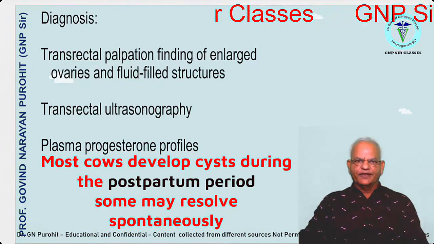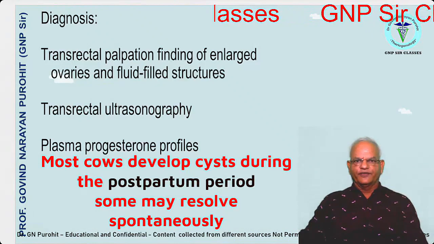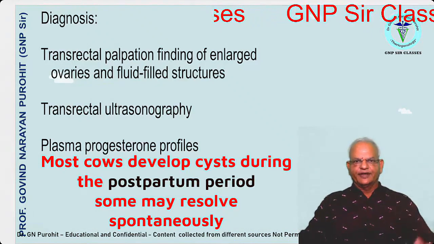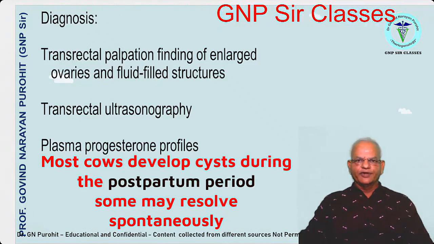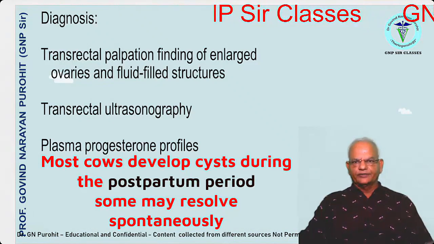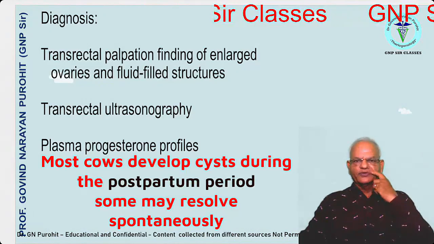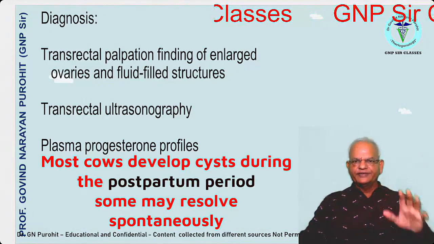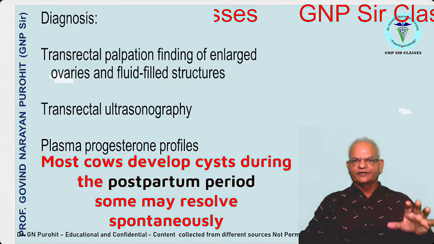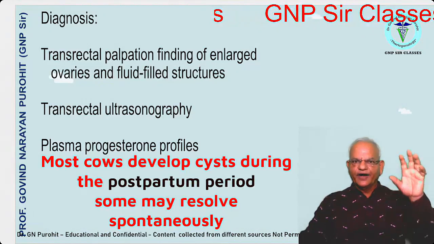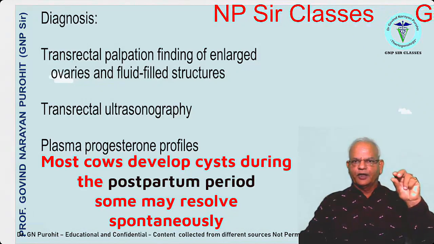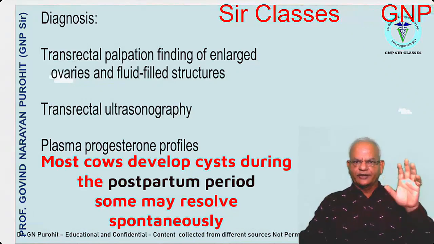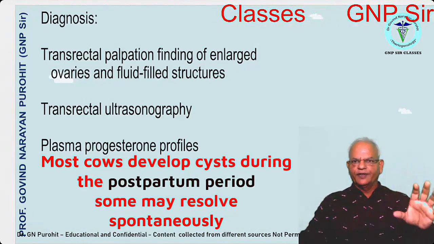But if you have facility for transrectal ultrasonography, you can visualize the cyst, and you can know their diameter and all. Then plasma progesterone profiles can also help you, but under most field conditions, ovarian cysts are diagnosed by transrectal palpation. If you find that one of the ovaries is so big and the other one is small, then it is for sure that this ovary is having an ovarian cyst.